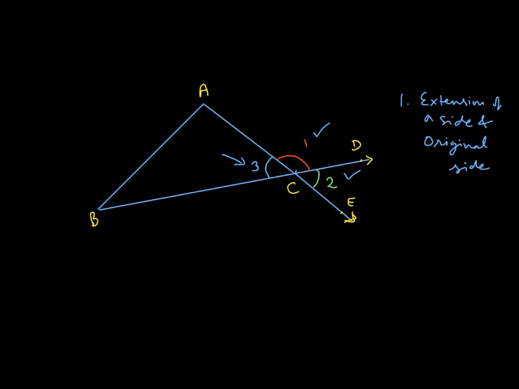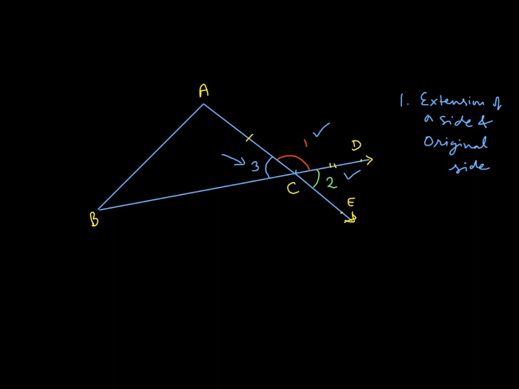Here you can see angle 1 is made between original side AC and extension of side BC, that is CD. CD is extension of side BC and AC is the original side. Angle 1 is made between these two sides, so angle 1 will be called the exterior angle among these two angles.